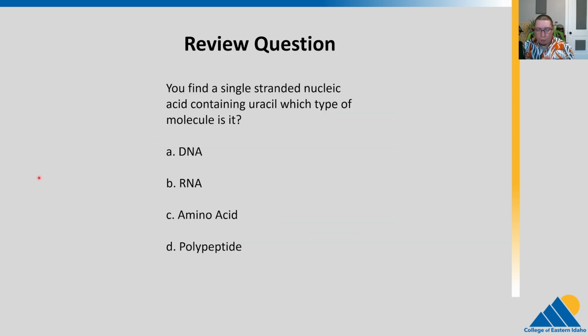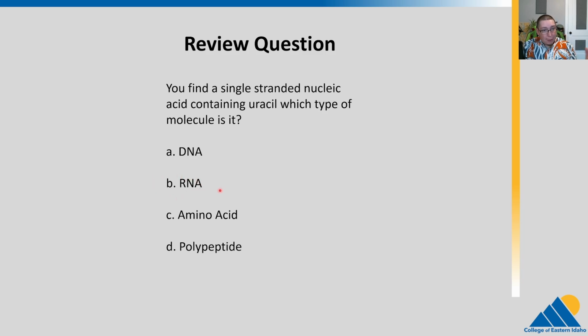All right, so here's a review question. You find a single-stranded nucleic acid containing uracil. What type of molecule is it? Okay, go ahead and pause the video. Think about that. All right, hopefully you chose RNA.